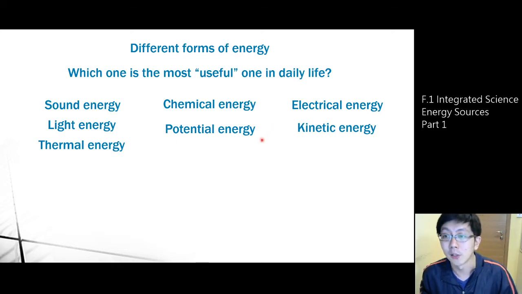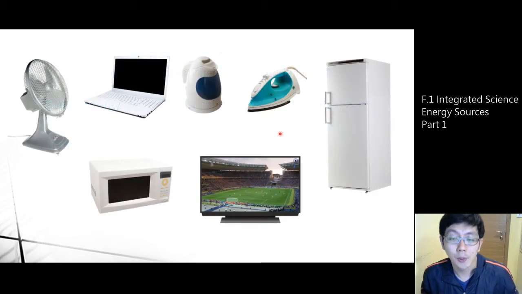Here are the 7 forms of energy. I need you to think about this first, and I'm not sure you get my answer. For me, I would choose electrical energy. The reason is that electrical energy is a very useful form of energy that can be converted to other forms easily by making use of different devices or electrical appliances.